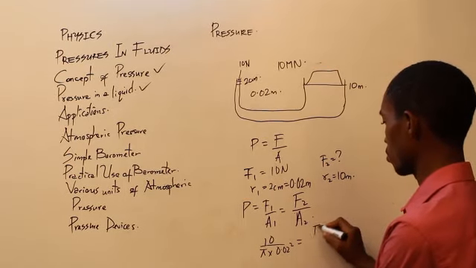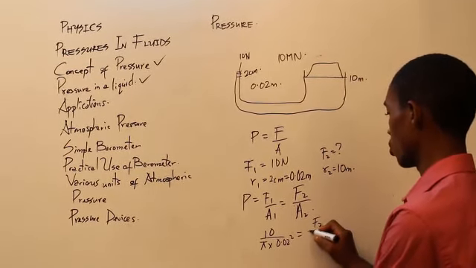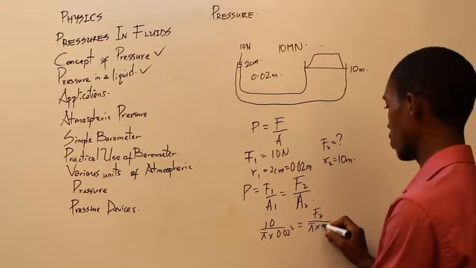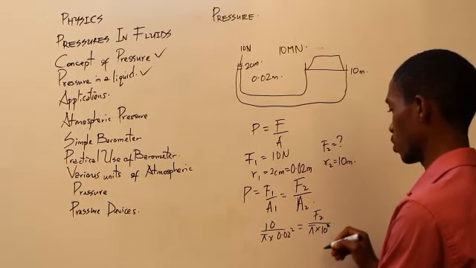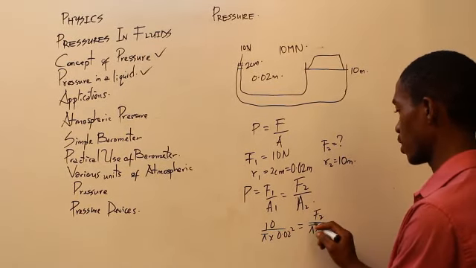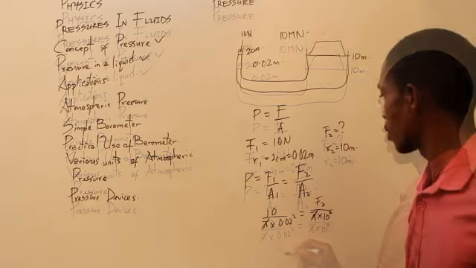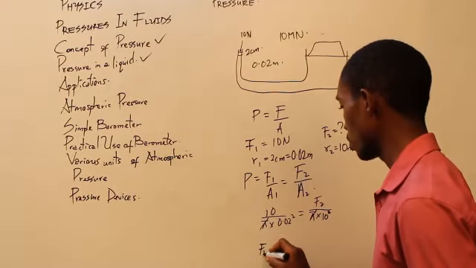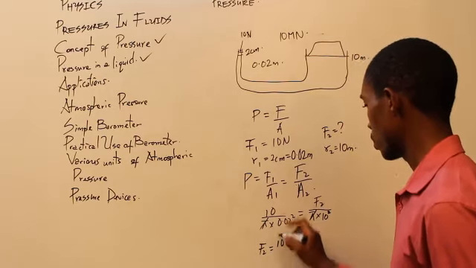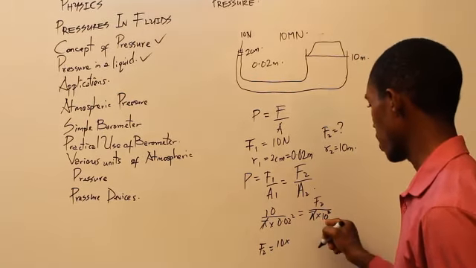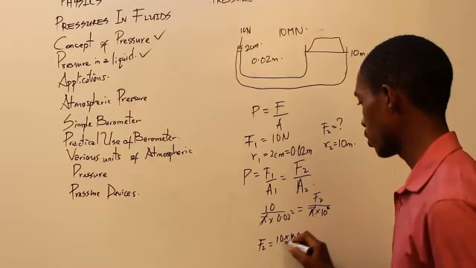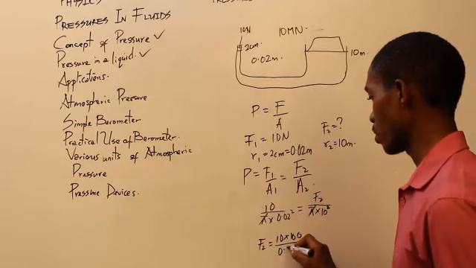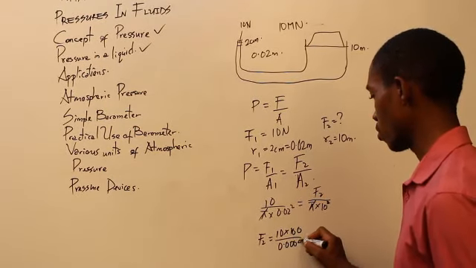Our F2 is unknown, and our A2 is going to be pi multiplied by 10 squared. Of course, when you cross multiply, this pi cancels out this pi. So our F2 would now be equal to 10 multiplied by 10 squared, which is 100, divided by 0.02 squared, which is 0.0004.